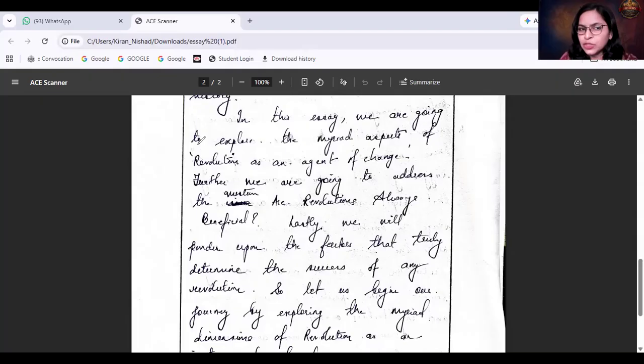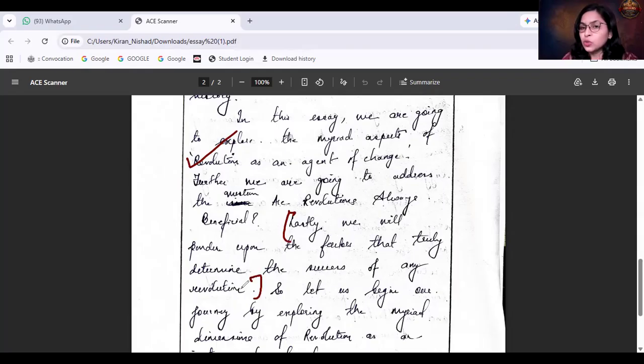So first of all, I am mentioning a positive thing, that I'm going to explore how revolution is an agent of change. At the same time, I'm going to address a very important question in this essay. That question is, are revolutions always beneficial? It means that I'm going to tell the negative aspects of the revolution as well. Next, lastly, we will ponder upon the factors that truly determine the success of any revolution.